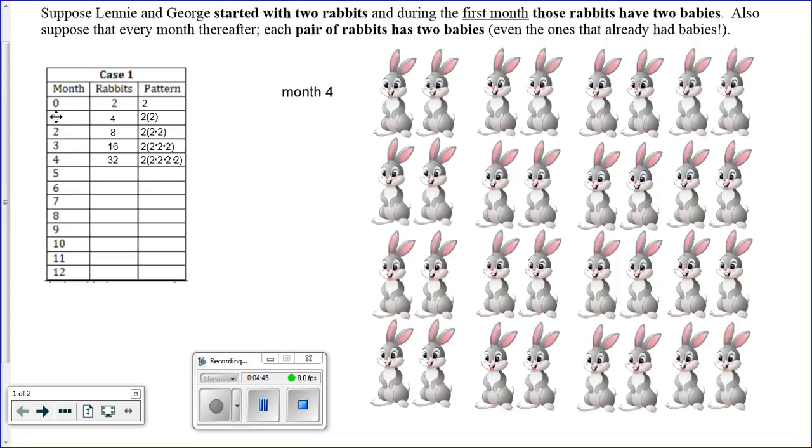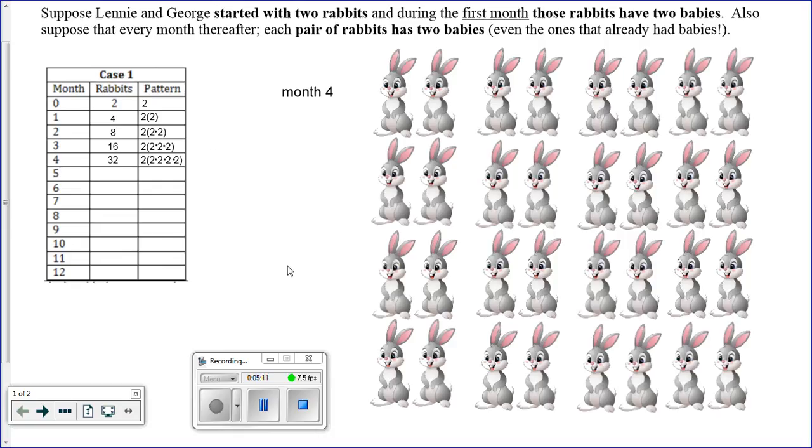So here we are in month 1, and inside the parentheses I have just one 2. In month 2 we have two 2's, so 2 times 2 within the parentheses. And then in month 3 we have three 2's, so 2 times 2 times 2. Then again in month 4, we have four 2's within the parentheses. So that trend will continue.